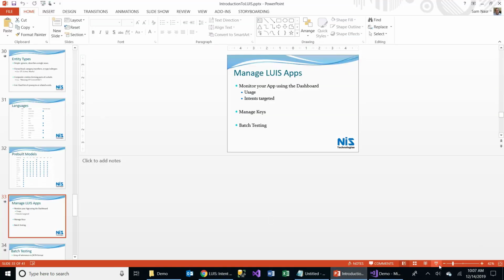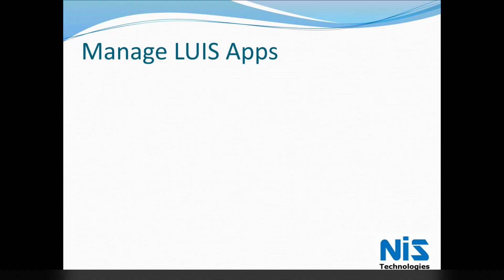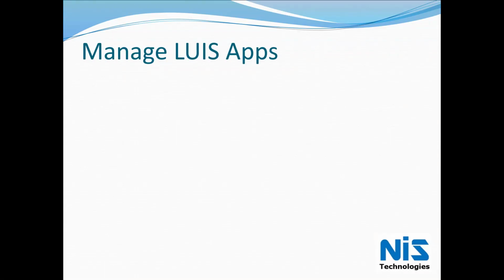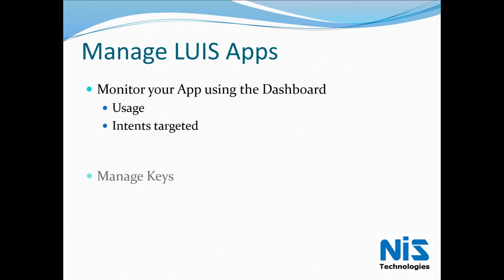So again, I would use the portal for managing everything regarding the app, for finding the usage, the intents targeted. I can use it to manage the keys that I'm referring to the app. So as Steve mentioned, if I want to sell my application, they can take it and then they can modify the key and use it there.